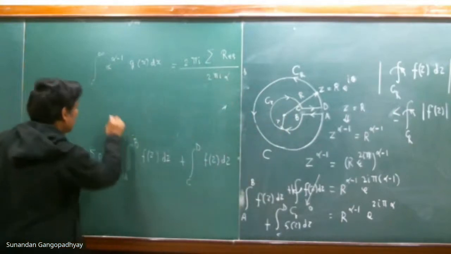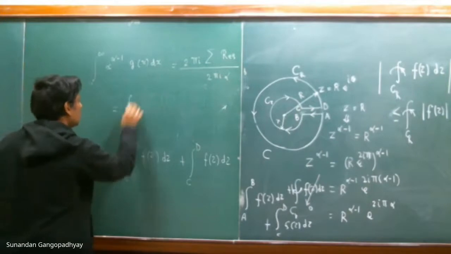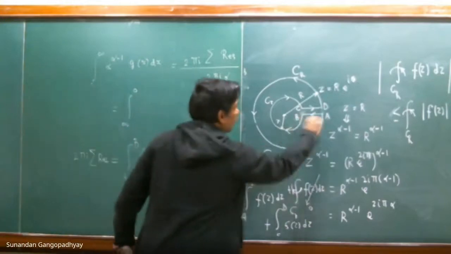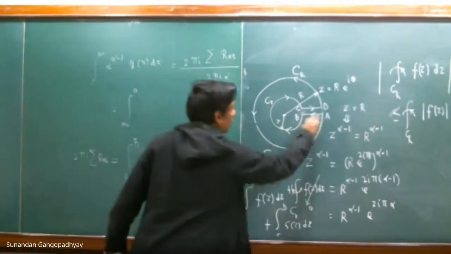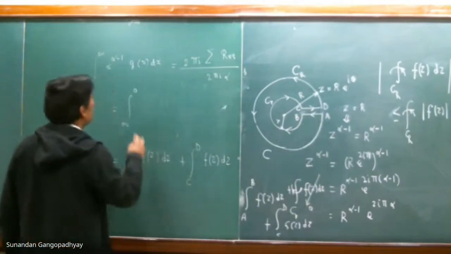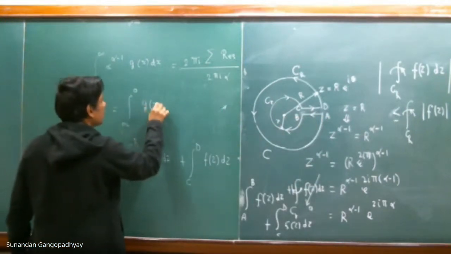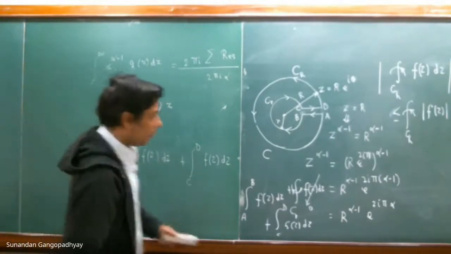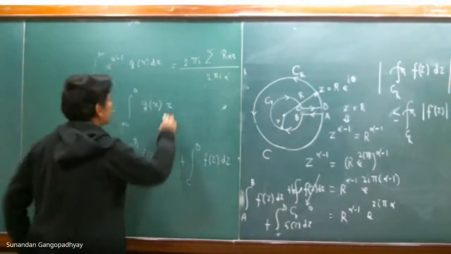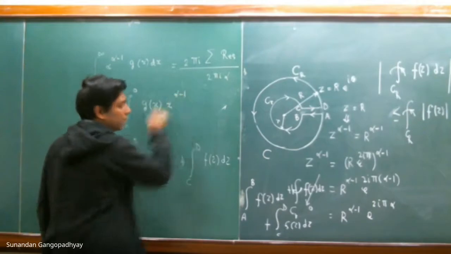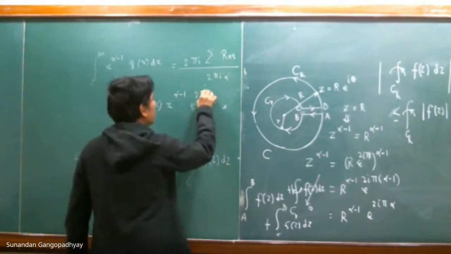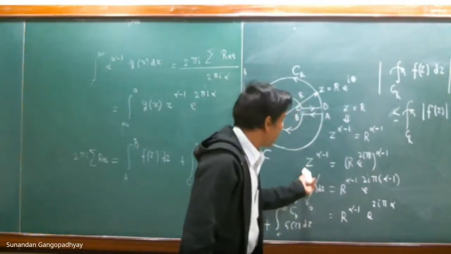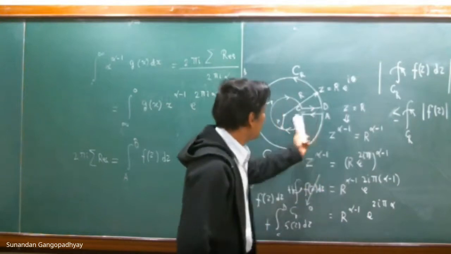So this integral can be written down as the integral from infinity to 0 of f of z along AB, which is nothing but g of x into x to the power of alpha minus 1 e to the power of 2 pi i alpha, because that is what we calculated. This is z to the power of alpha minus 1 on this line.